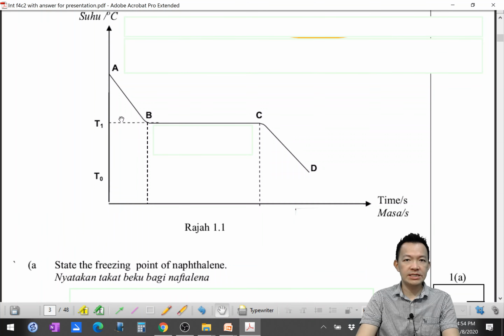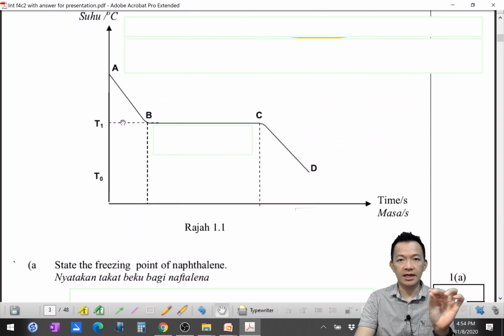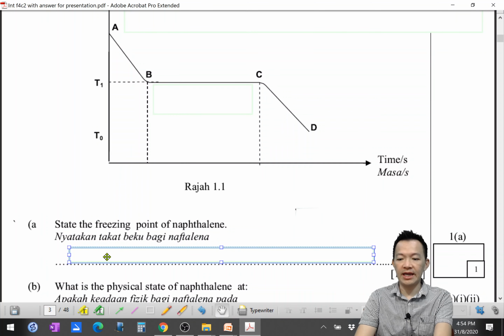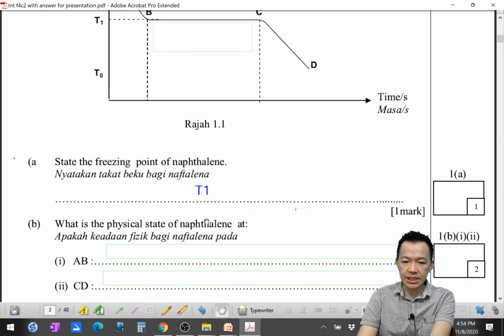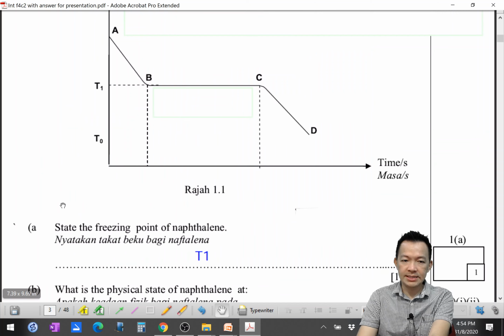So where is the freezing point? 去哪里找它的冰点呢？For all the matter, when they freeze，所有的物质当它们 freeze 凝固，OK 溶解或者是滚的时候，the temperature will be remain constant。当时的温度是保持不变的。So the freezing point of the naphthalene D1. What is the physical state of the naphthalene at A, B, and C, D?